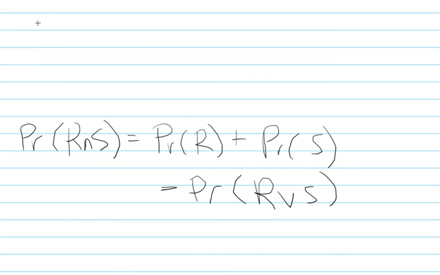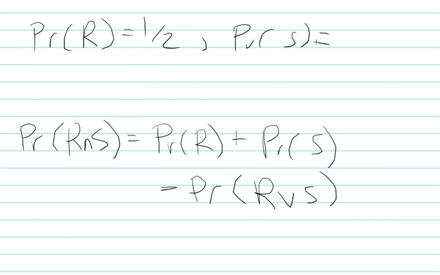Now, so just to recall from the question, we're given that the probability of R equals 1/2, and that the probability of S equals 1/4, and we're also told that the probability of R or S equals 3/4.